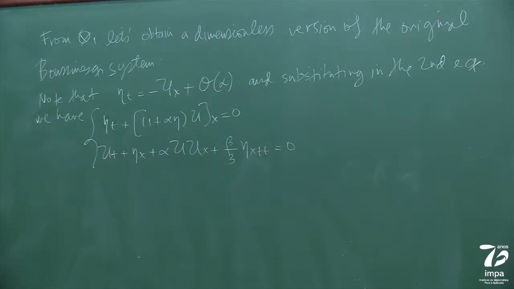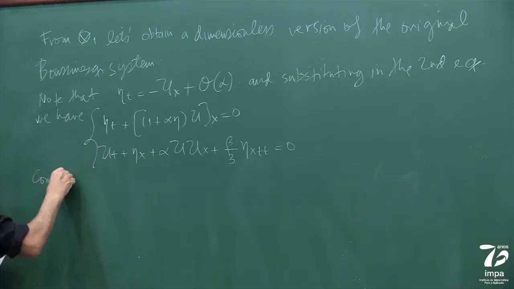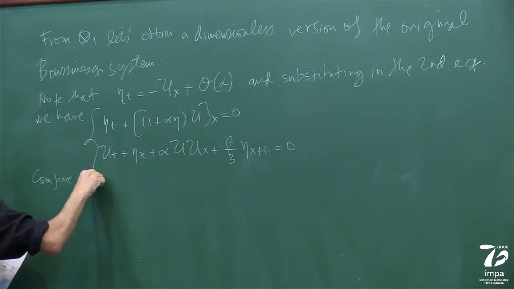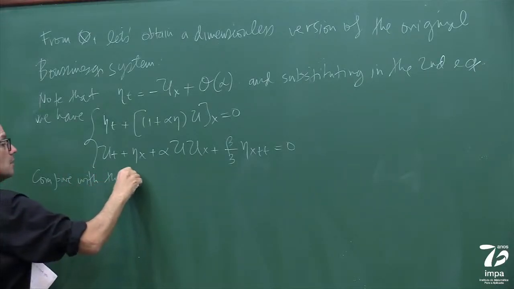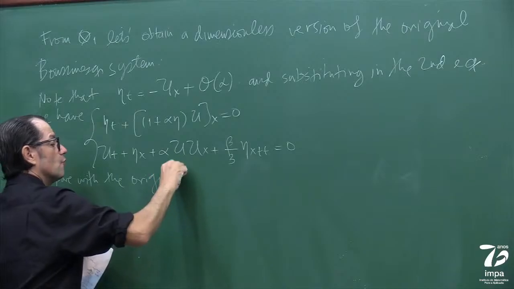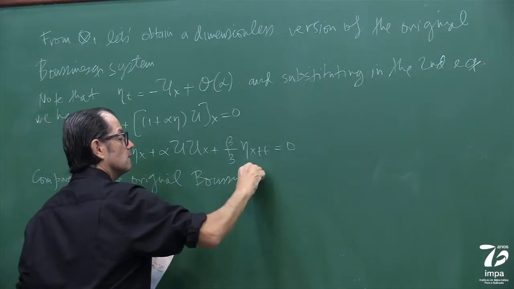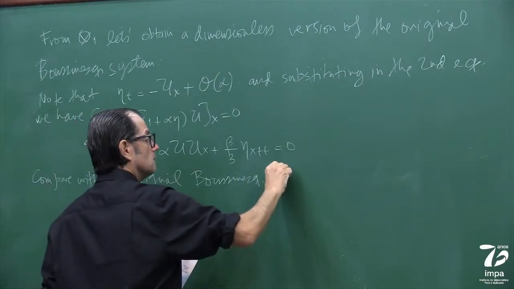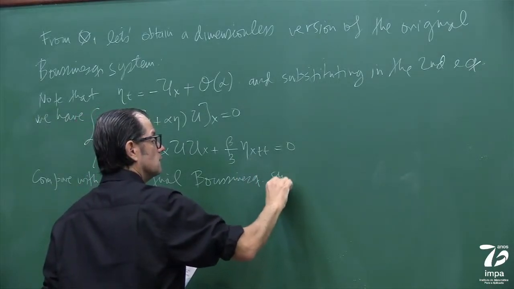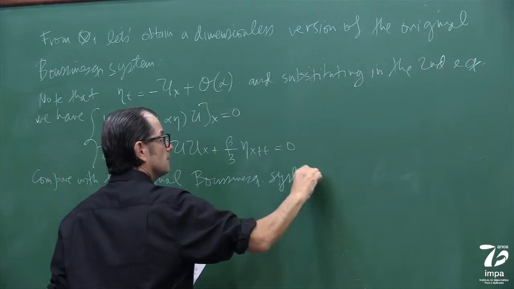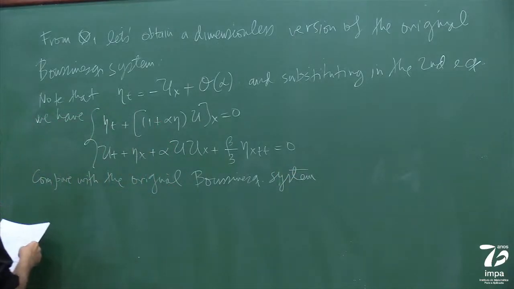Okay, so here is the original. Now, compare with the original Boussinesq system, which is like this.